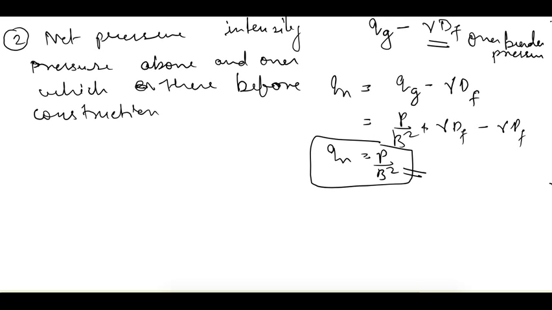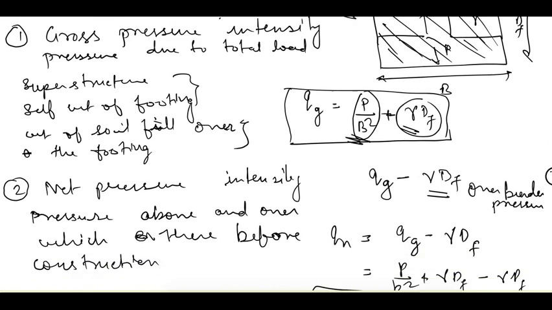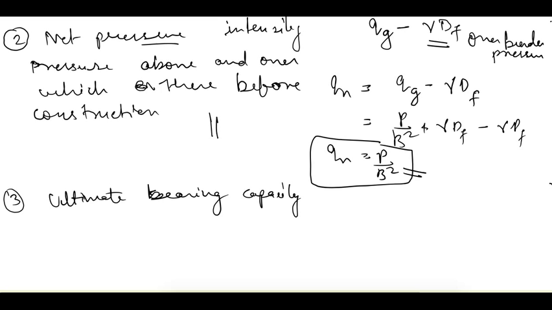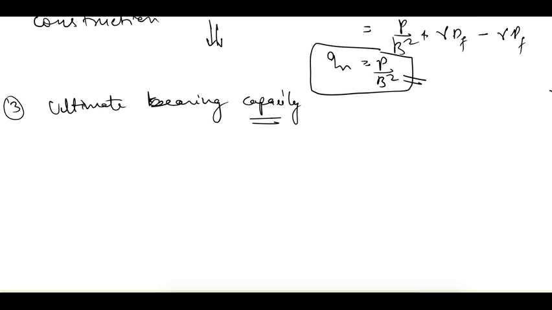Now having understood that, our next part is ultimate bearing capacity. These two definitions we covered here, gross pressure intensity and net pressure intensity, indicate the pressure intensity we are putting on the soil. Our next definitions include the capacity of our soil. So the first definition is ultimate bearing capacity.